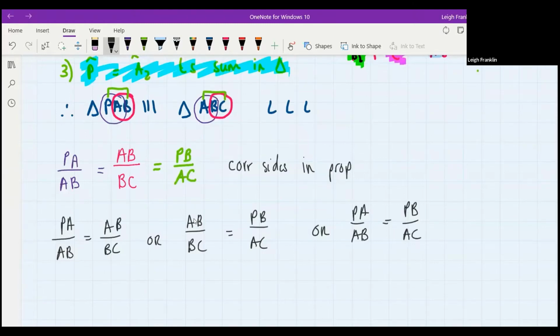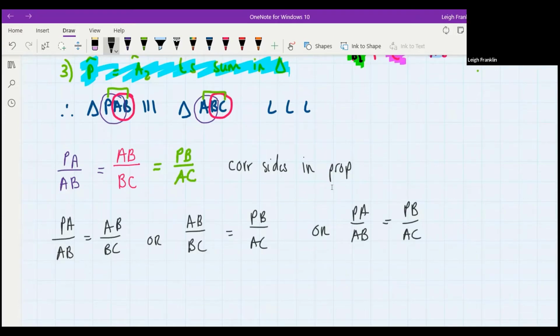Okay, now let's just highlight this one, or that one over there. It depends on what it is they are asking you for.